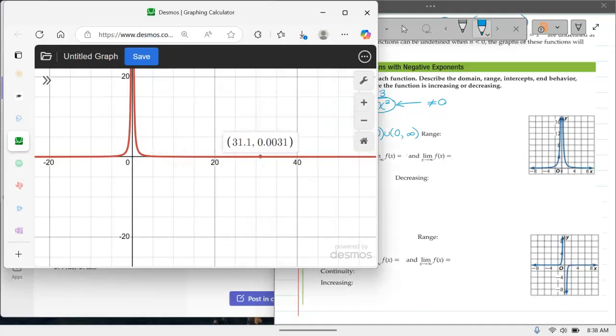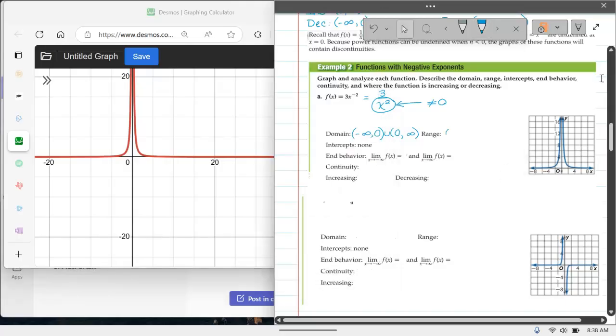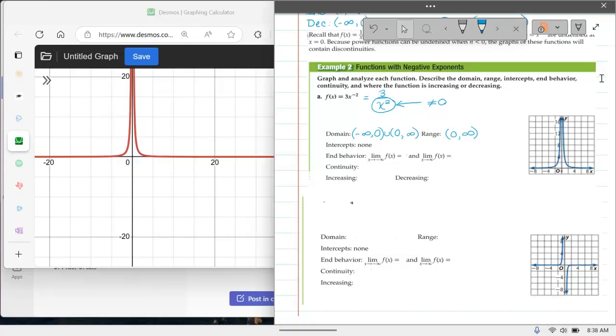Additionally, you can trace on this graph, and you can see that it gets smaller and smaller, but it never turns negative. So our range is from 0 to infinity, not including 0. There are no x and y intercepts.